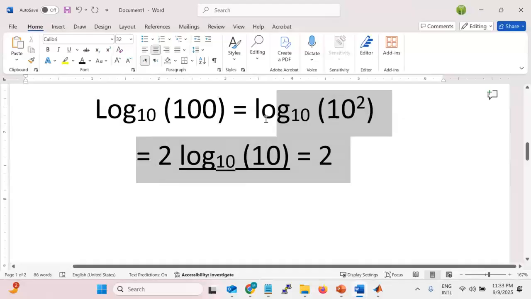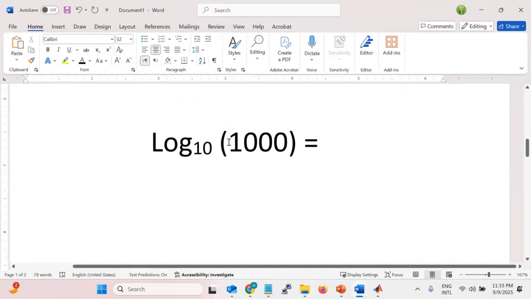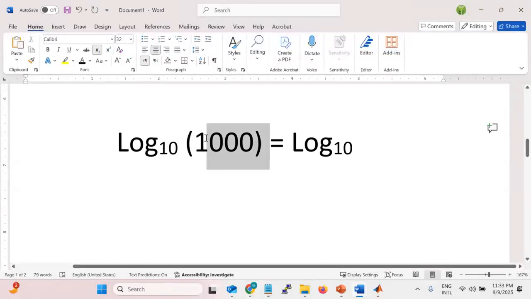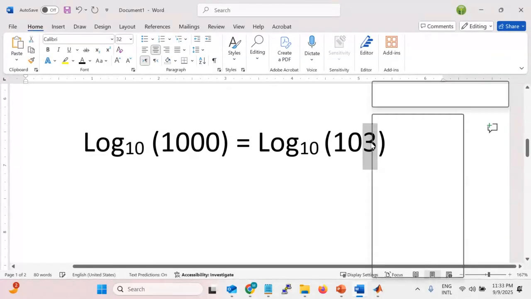I will give you another example. Log of 1000 equals log of 10 power 3.